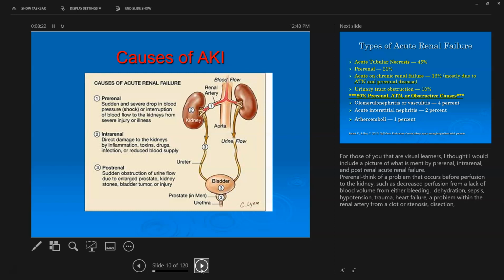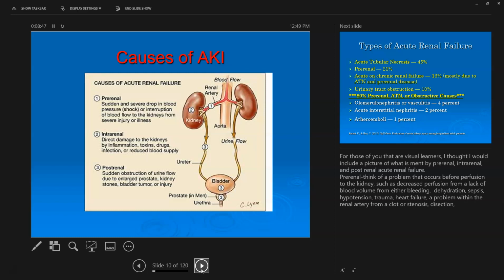Okay. So now we have intrarenal or intrinsic causes for renal failure. So the most common one that you're going to see is called ATN, or acute tubular necrosis.